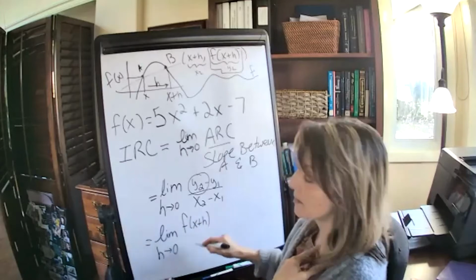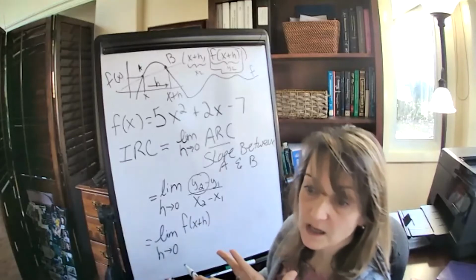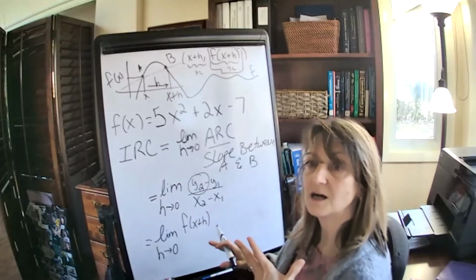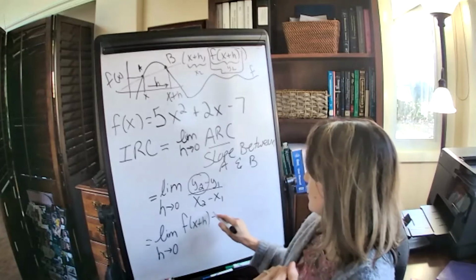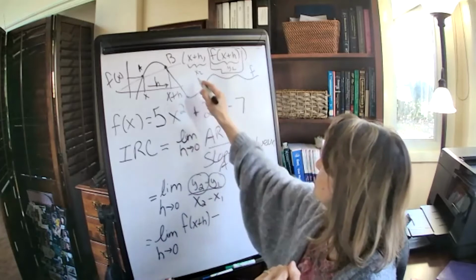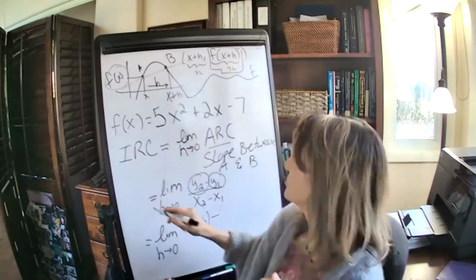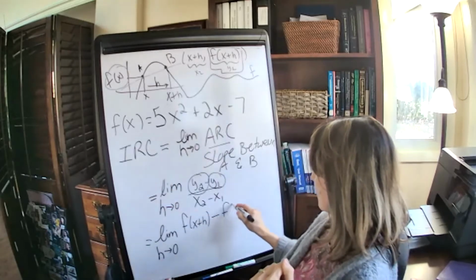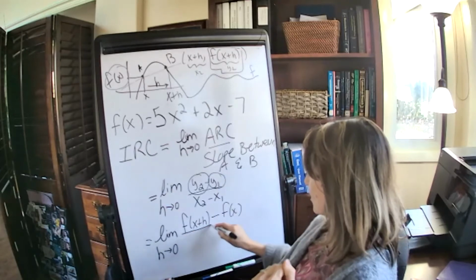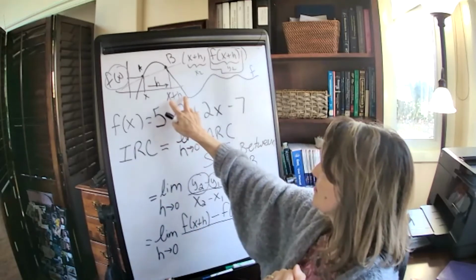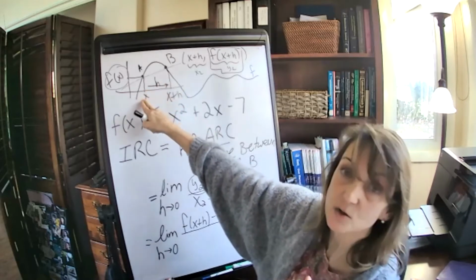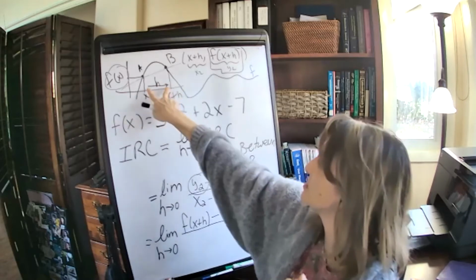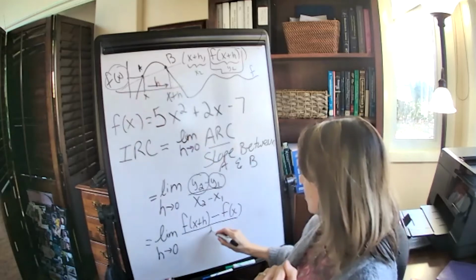So all this part, you guys already have hopefully memorized that this is f of x and that's y minus y1, which is the height of the first point A. And then the whole thing goes over h because it's the run, which is just h. So the distance on the x coordinate between x and x plus h is h. So that's the run, rise over run.